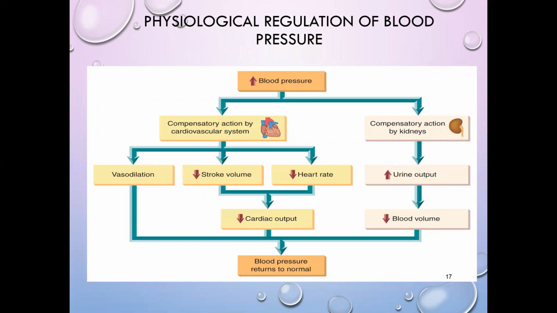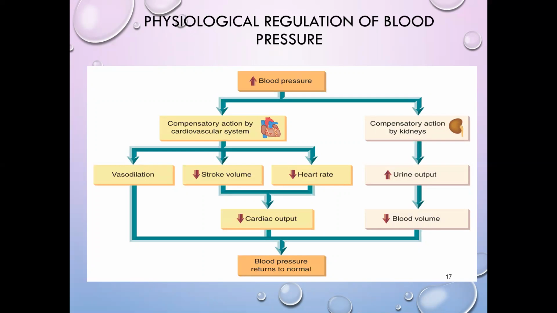All right, so this figure here is the physiological regulation of blood pressure. It basically shows how your body provides homeostasis during your blood pressure changes, so what your body does as a mechanism. So if your blood pressure increases, the compensatory action by the cardiovascular system includes vasodilation to decrease the blood pressure, decreased stroke volume, and decreased heart rate, and in turn the cardiac output decreases and returns the blood pressure to normal.